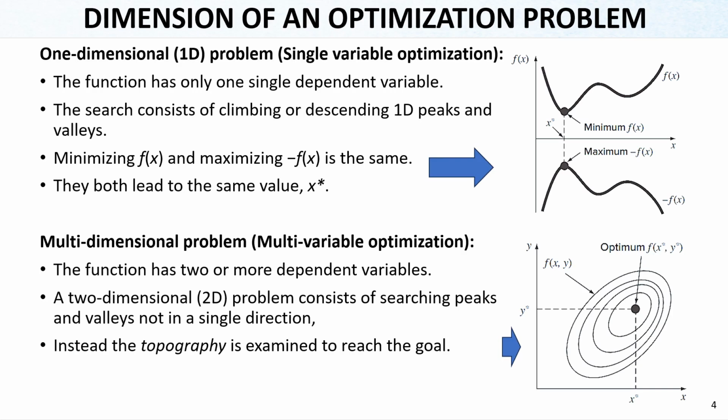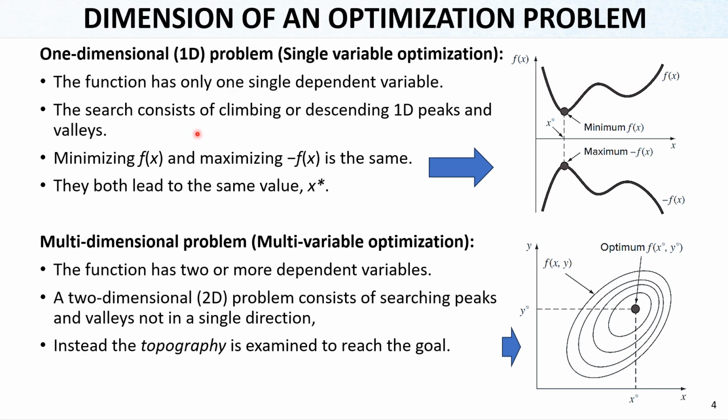In this slide, we will talk about the dimension of an optimization problem. It is actually the number of variables. So if we have a one-dimensional problem, that means we have only one variable in the optimization, and it's also called single variable optimization. We have a function which has only one single dependent variable. Here you can see the f(x) function has only x, which is one single variable.